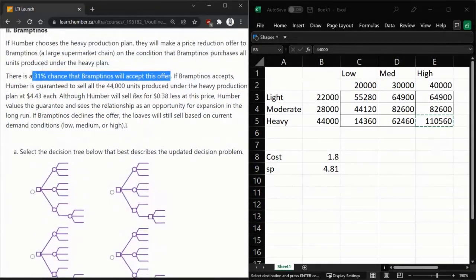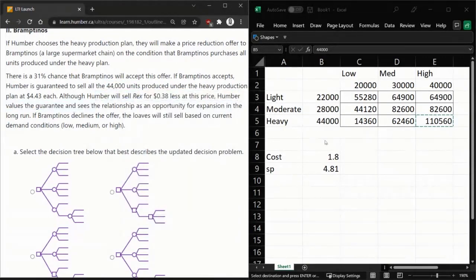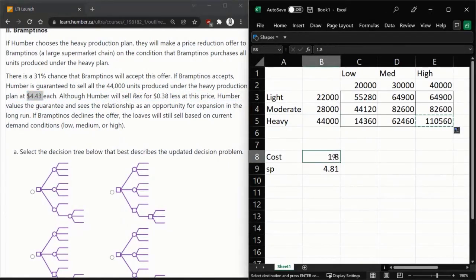Normally I don't go over this assignment. We expect you to figure these things out yourself. But anyway, then you do the calculation. If you sell the entire 44,000 to Bramtinos, you will sell at 443 each. But it still costs you 1.86 to produce each of them.